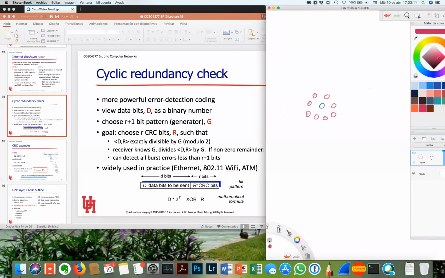So the problem is if you flip a bit and then you flip it again, like a 1 to a 0 and then to a 1, or you flip a 1 0 to a 0 1, things like that, then you end up getting different combinations that you and I both know are invalid, but which this scheme will think are valid because there's not enough distance between here and here.